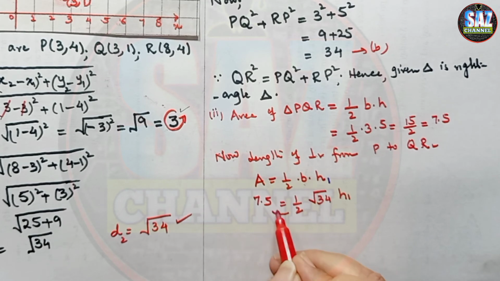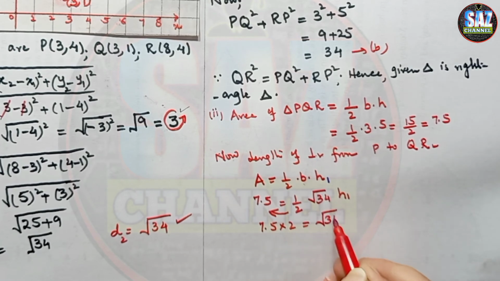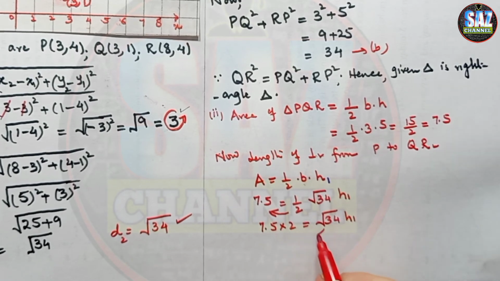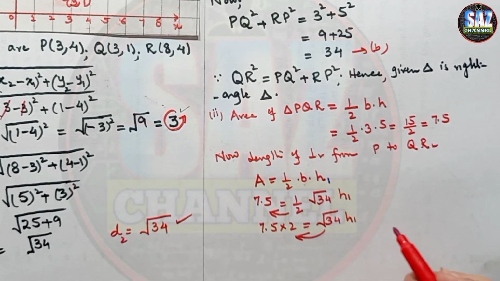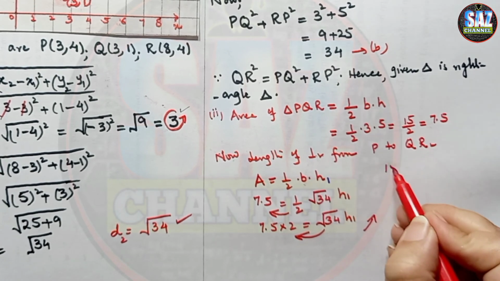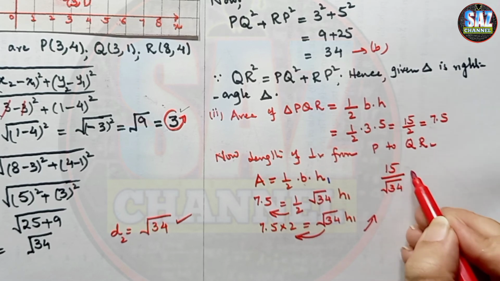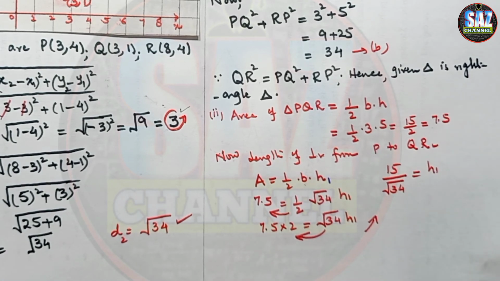Shift 2 towards 7.5 and multiply it. 7.5 multiplied by 2 equals square root 34 H1. And now we have to shift square root 34 to the other side. This becomes 15 divided by square root 34 equals H1, and square root 34 has the value 5.83.